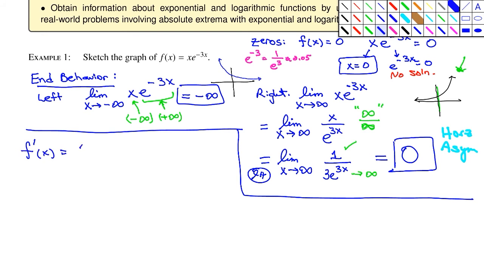So the derivative of x times e to the negative 3x is 1 times e to the negative 3x, unchanged, plus the derivative of e to the negative 3x, which is e to the negative 3x, times the derivative of the exponent, negative 3, times the x unchanged.